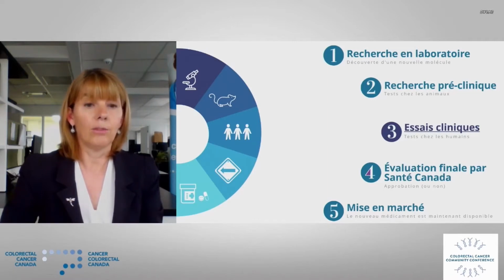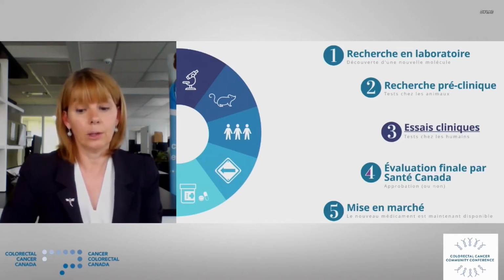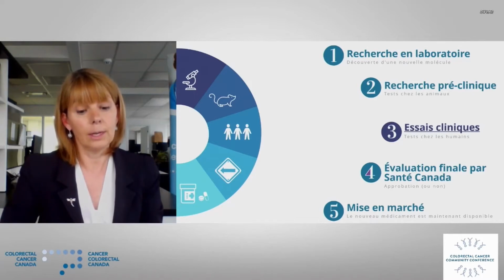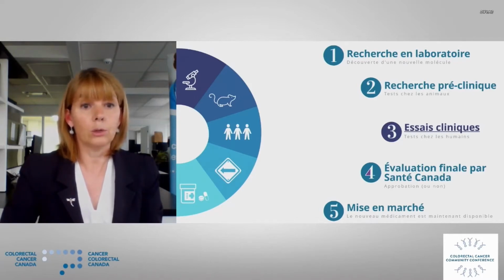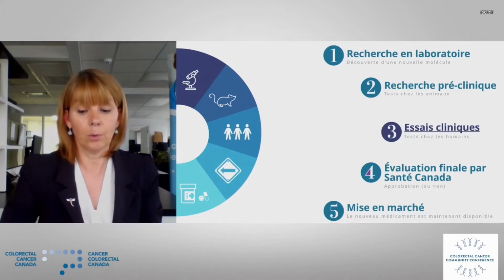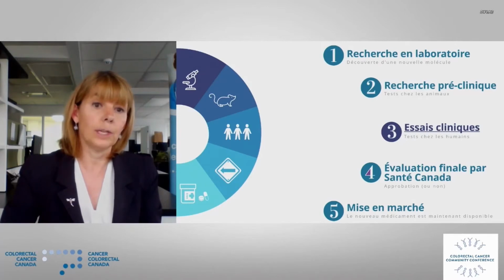The very first step takes place in a laboratory. We will discover new molecules and those molecules may potentially become new drugs. We will assess those molecules, and those that are most promising will go to the second step called preclinical research.